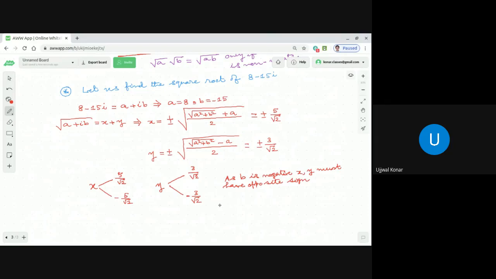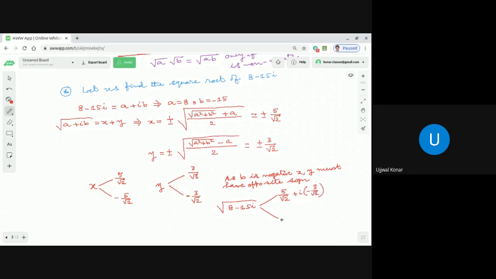That means what? Square root of 8 minus 15i is having two values. If we take x positive, that is 5 by root 2, then y has to be minus 3 by root 2, correct or not? Plus i into minus 3 by root 2.